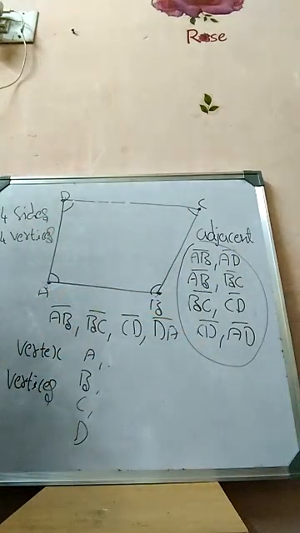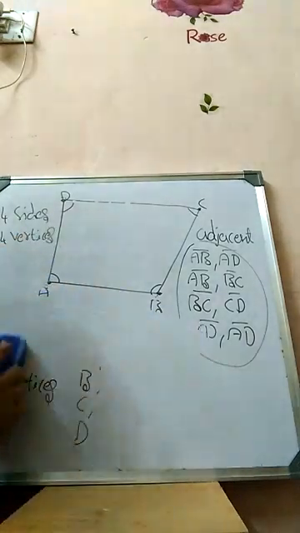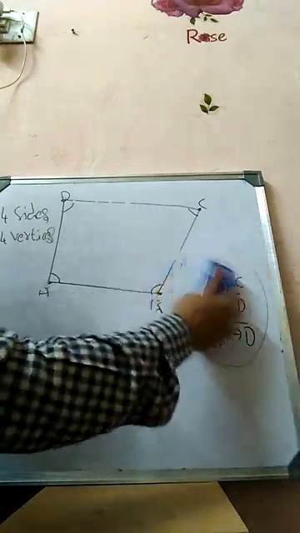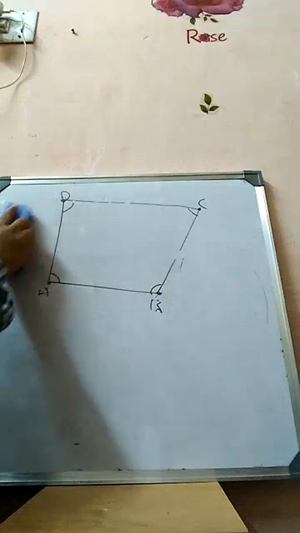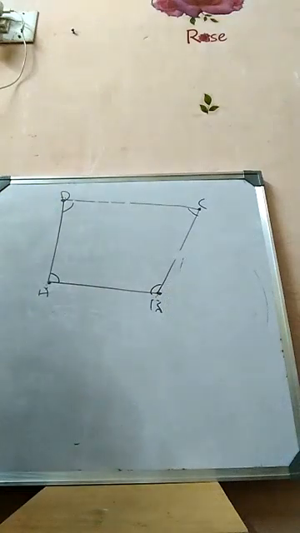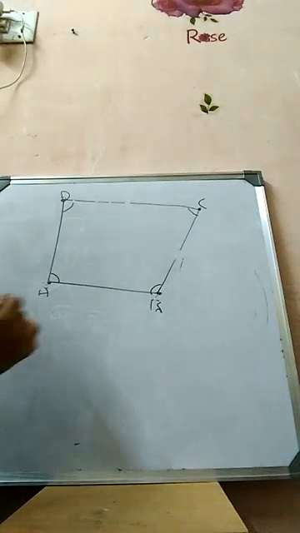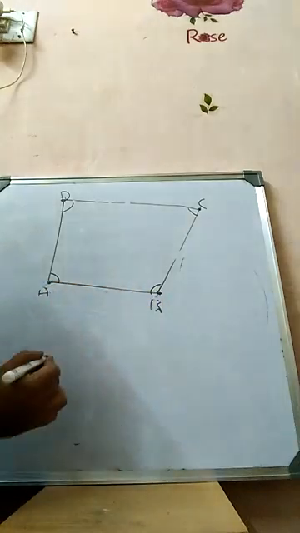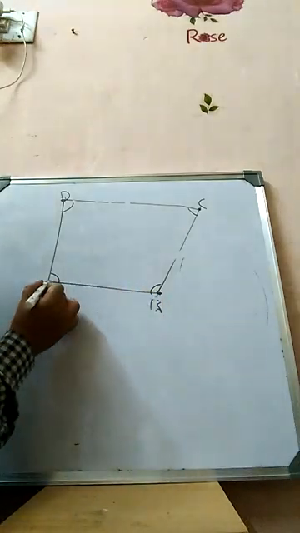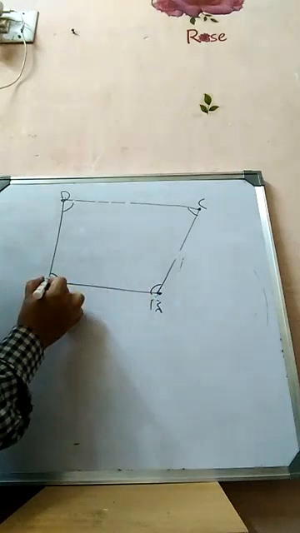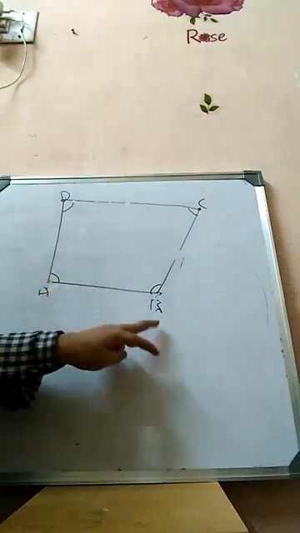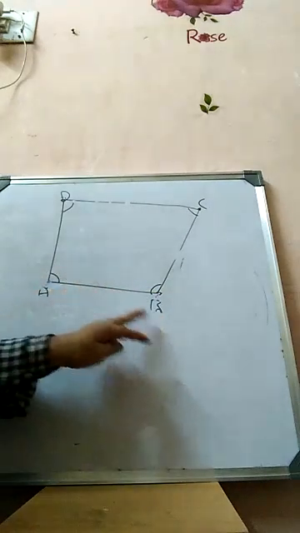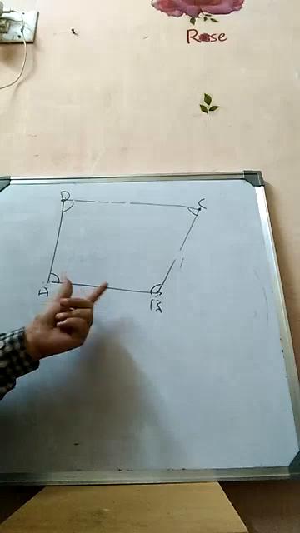And next, adjacent vertices. Look, take AB. AB is one side or line segment. A line segment has two endpoints. So these two endpoints are said to be adjacent vertices.